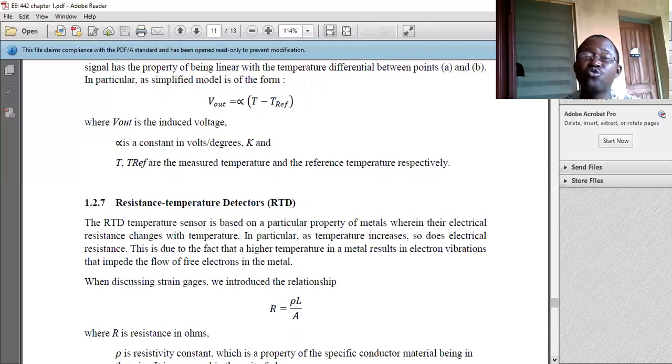The thermocouple helps us to do a conversion of energy. And remember, that is why we define a thermocouple also as a transducer, because a transducer helps us to convert energy from one form to another. So this is a temperature transducer. I hope this is very clear.